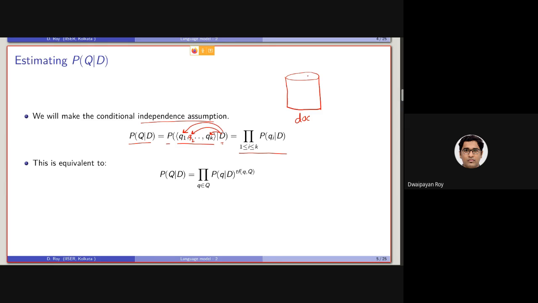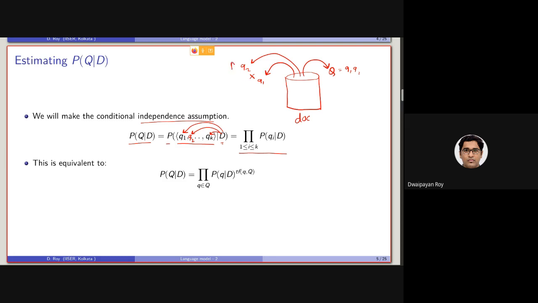And while generating the query Q, say Q is Q1, Q2, we are computing the generation probability of Q1, we are computing the generation probability of Q2, and we are making a product of it.